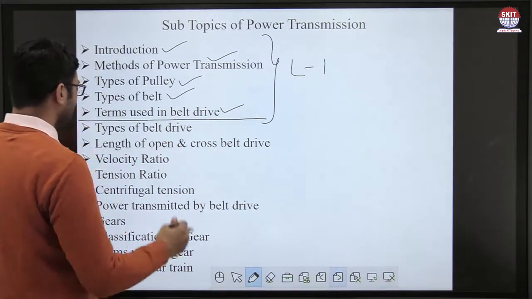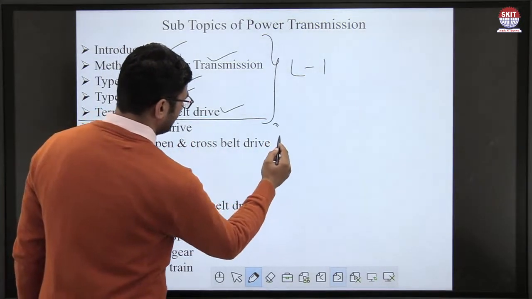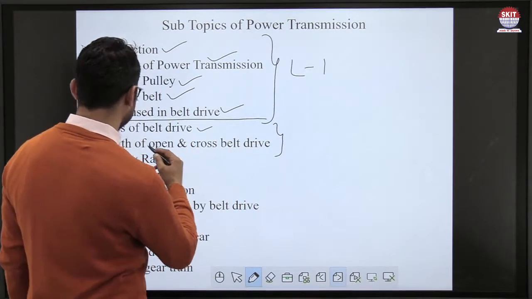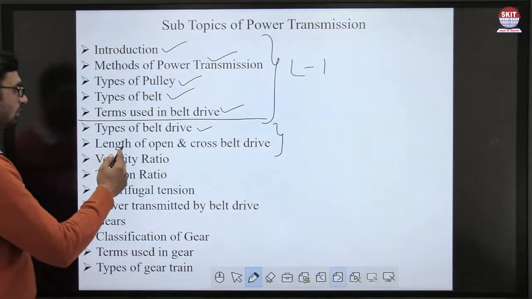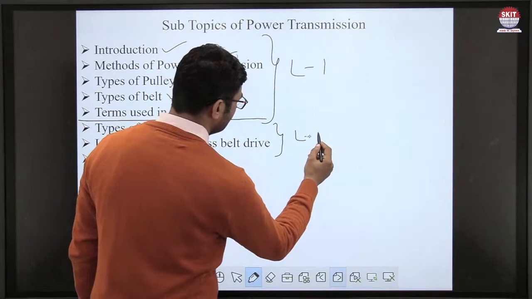In the second lecture, we covered types of belt drive and derivation of open and cross belt drive.